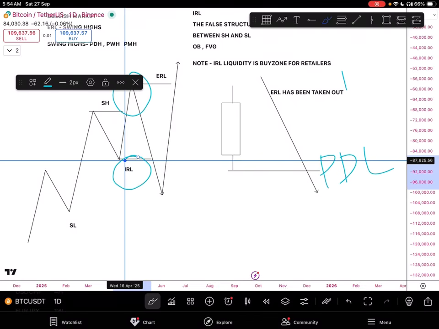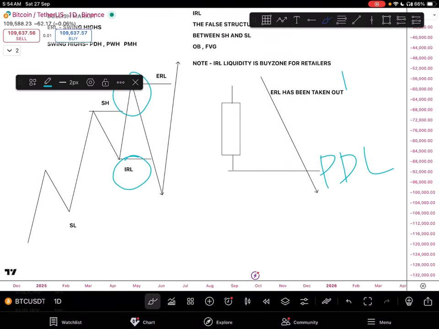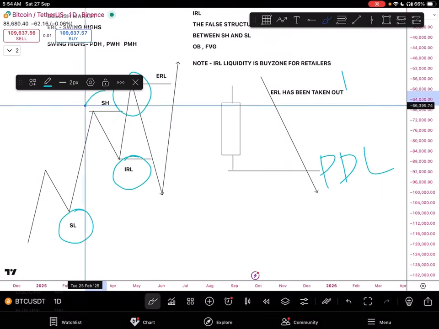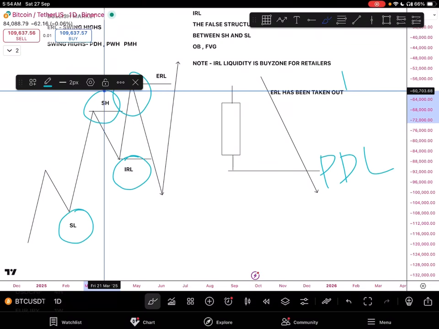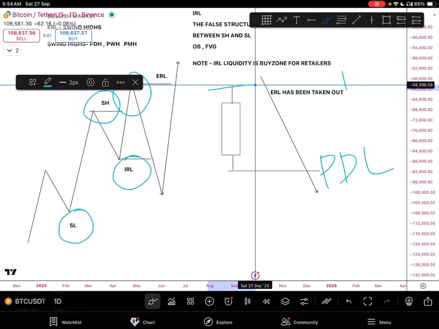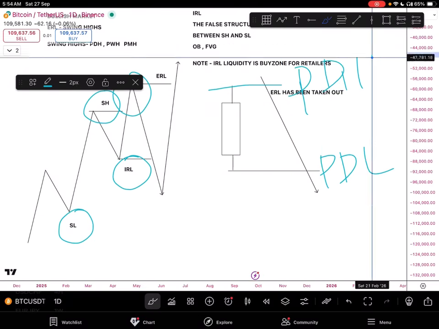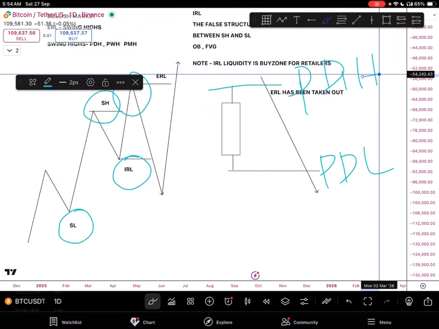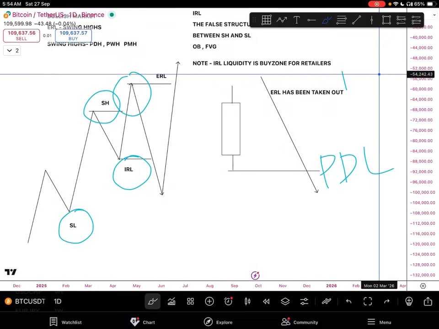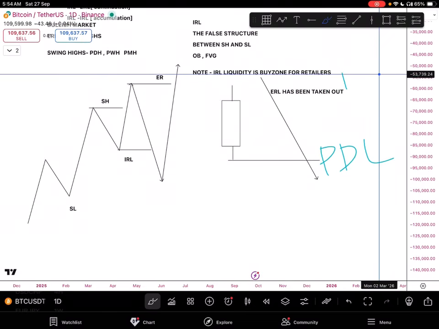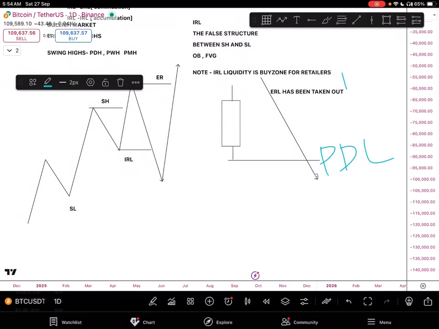What is internal range liquidity? It is the structure between the swing low and the swing highs in a bullish structure. So if we consider the previous day high as external range liquidity, we call the candle range low internal range liquidity.